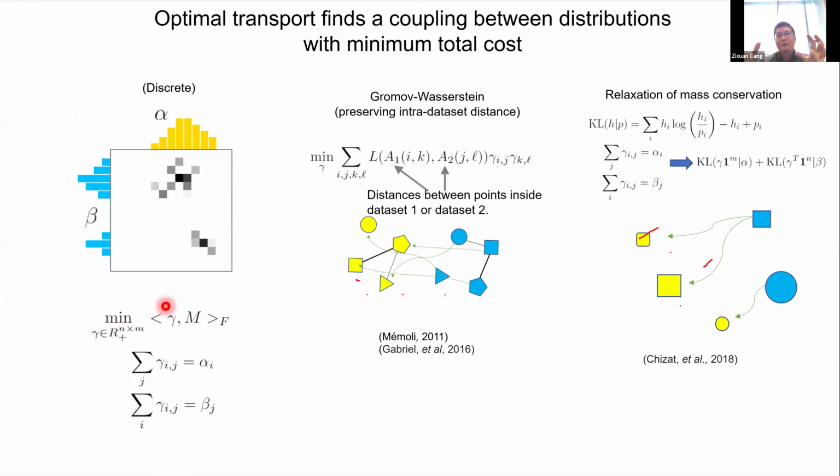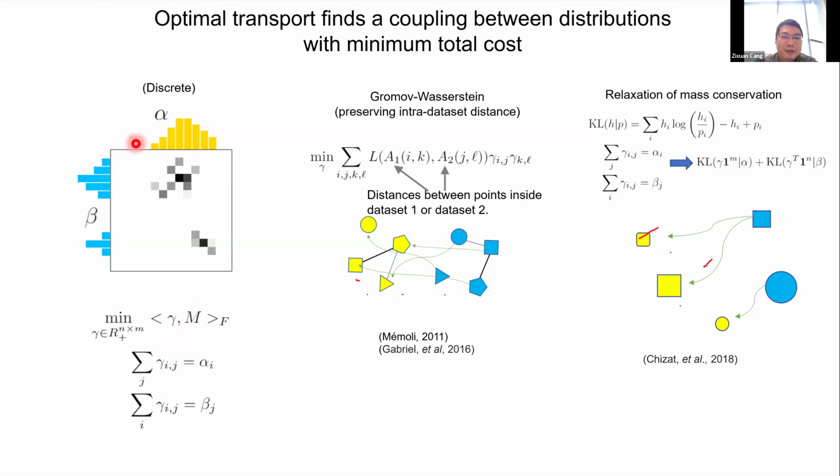That's the element-wise multiplication of two matrices summed over all elements. And we want to have the constraints such that the marginal distributions match the original given distributions. And we call this matrix gamma the optimal transport plan. Okay, so that's the original setup in traditional optimal transport.